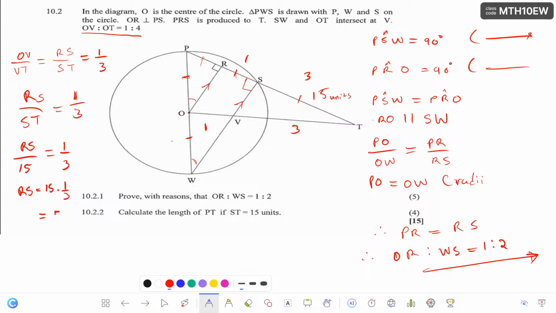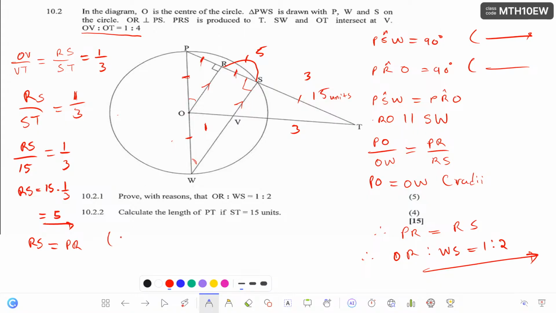So RS is 5 units. I hope you're following. It's 5 units. So we have RS, which is 5 units. And we said RS is equal to PR. You remember?